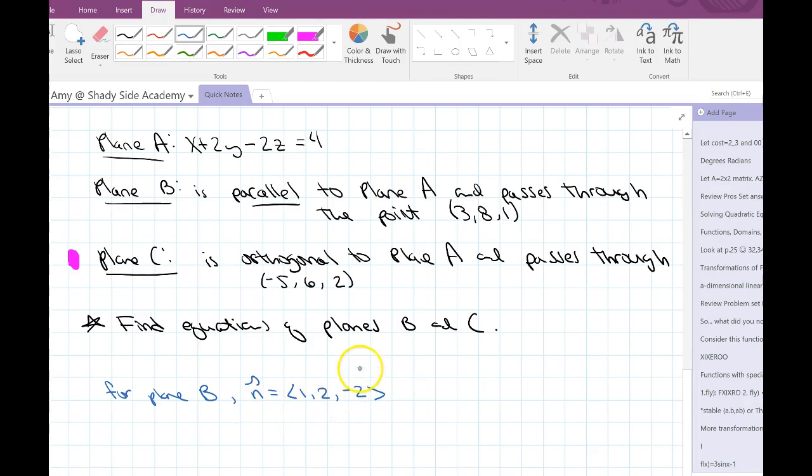So n here is perpendicular to both plane A and plane B.